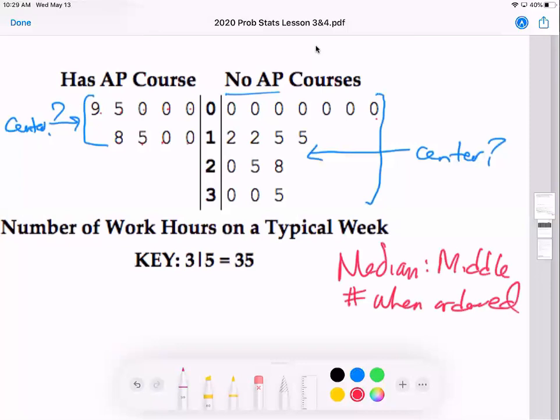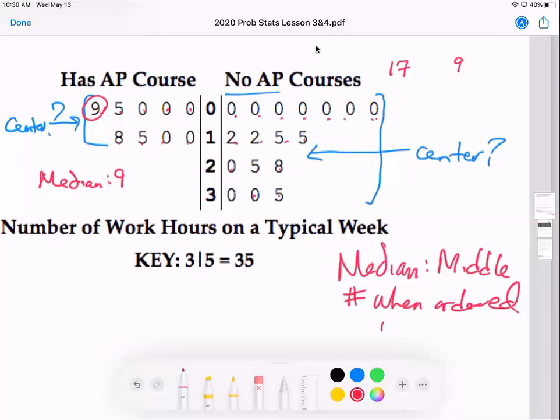So the middle number would be the fifth number. So 1, 2, 3, 4, 5. So the median here is 9. And the median over here, we have 1, 2, 3, 4, 5, 6, 7, 8, 9, 10, 11, 12, 13, 14, 15, 16, 17 on this side. So the middle number would be the ninth number.